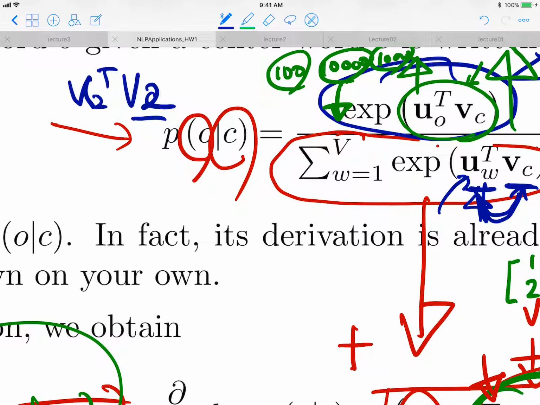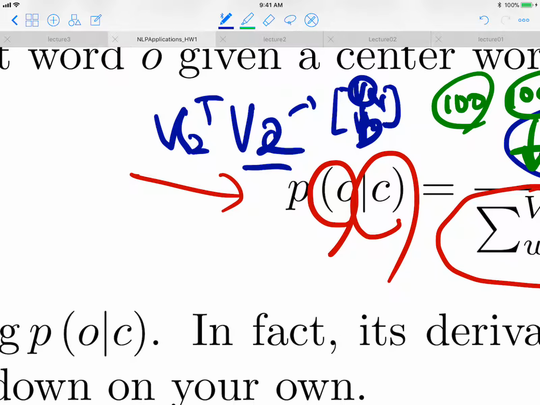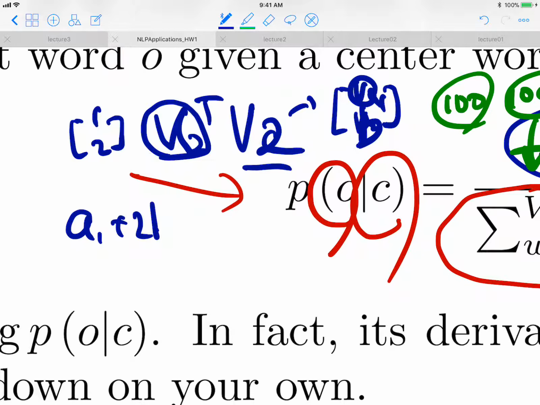Although it's a vector, we have a set of variables, and they are all in the form of a linear combination. So say v2 is (a, b), the two variables with respect to which we want to compute the partial derivative or gradient, and u2 is (1, 2). Then this inner product is of course a plus 2b, right?